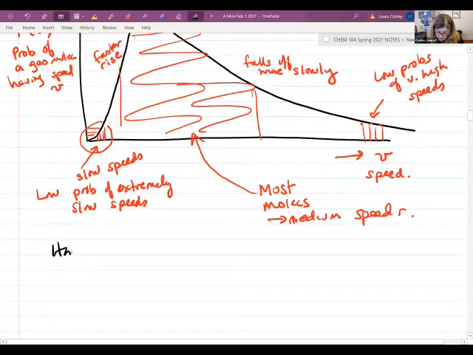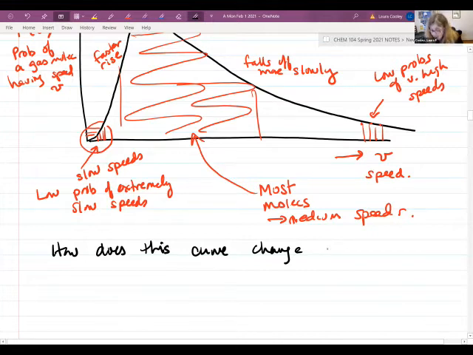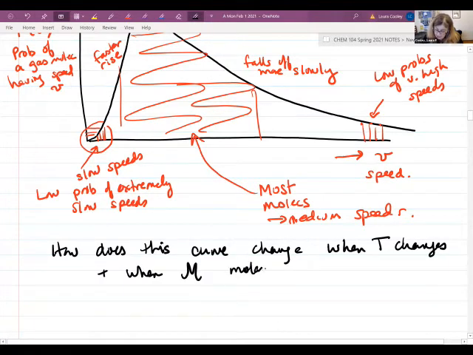So basically, how does a curve change when temperature changes and when molar mass changes?